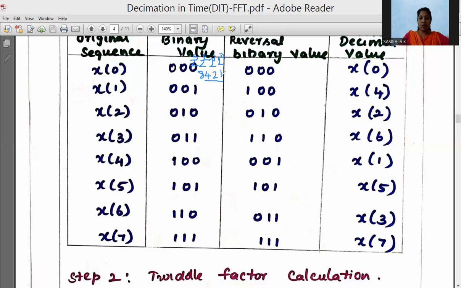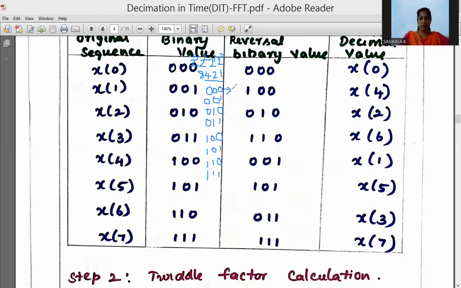So 1 means you write the bits as 1, 0, 1, 1, 1, 0, 1, 1, 0, 1, 1, and 1, 0, 1. And 2 means write 2 zeros, 2 ones, again 2 zeros, 2 ones. 4 means 4 zeros and 4 ones.